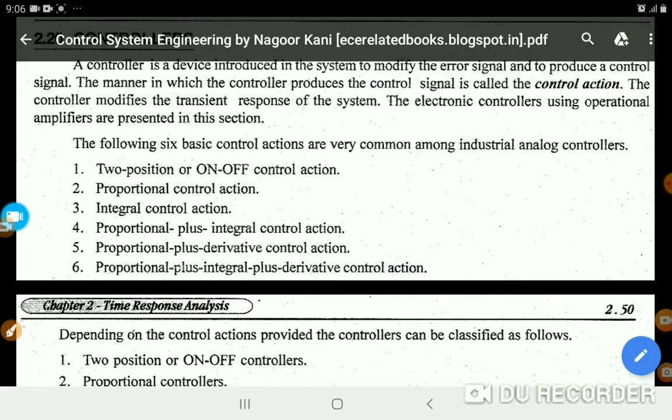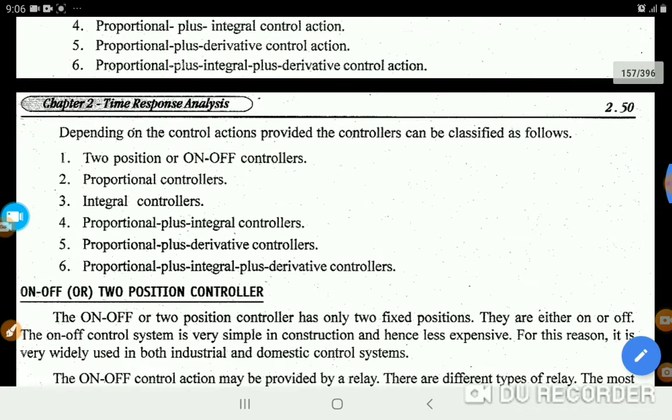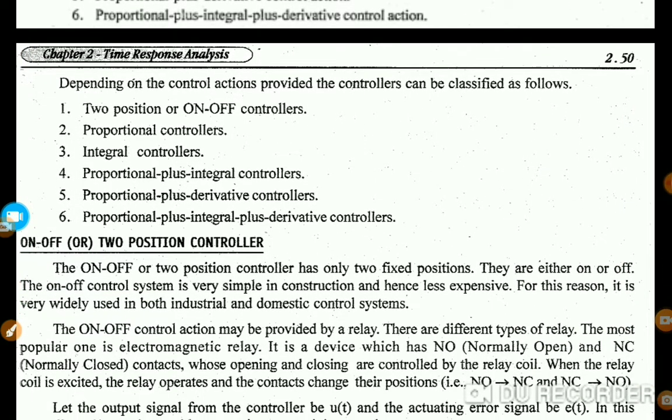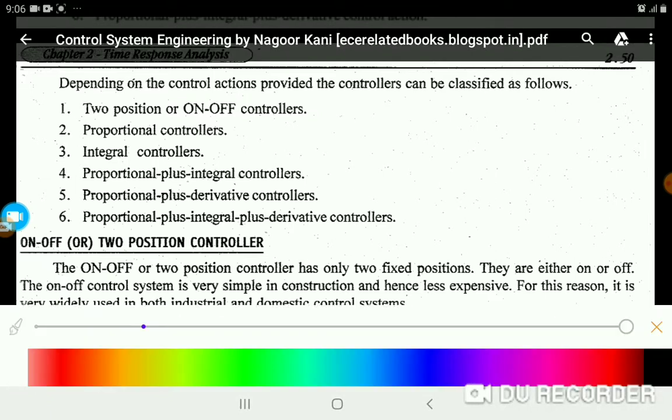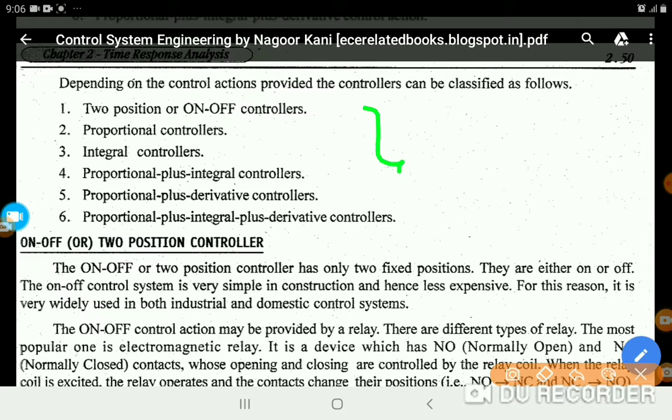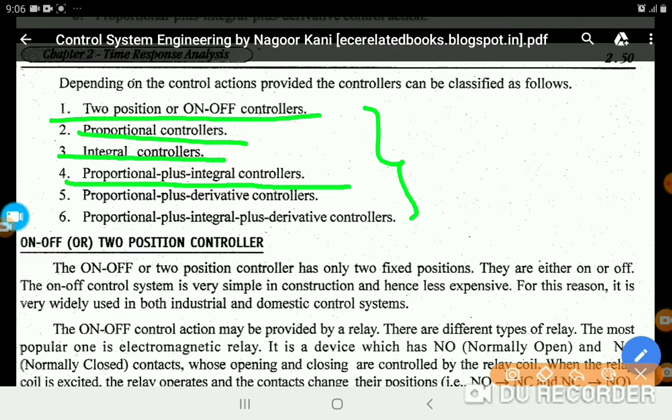Depending on the control actions provided, the controller is classified accordingly as two position or on-off controller, proportional controller, integral controller, proportional plus integral controller, proportional plus derivative controller, and proportional plus integral plus derivative controller.